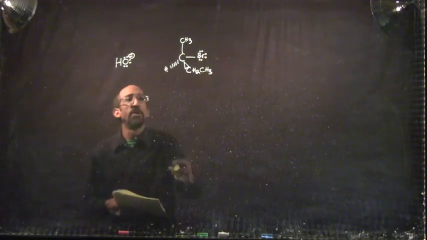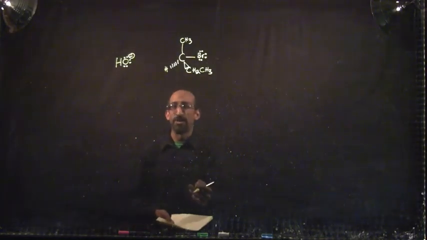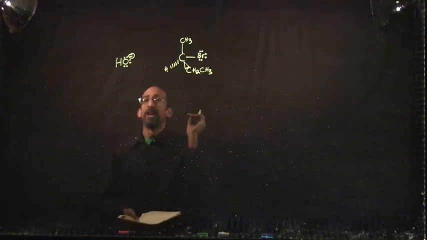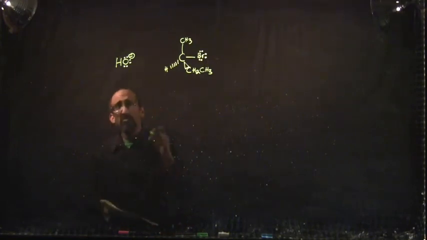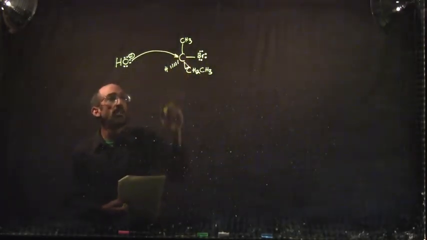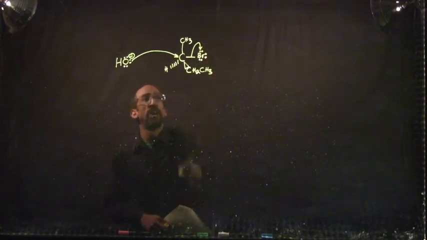So here now I'm doing an arrow pushing mechanism. I need to make sure that all of my electrons are present, all of my bonds are clearly displayed, and any formal charges are in place. So my nucleophile does an opposite side approach, reacts with my electrophile, and my leaving group comes off.